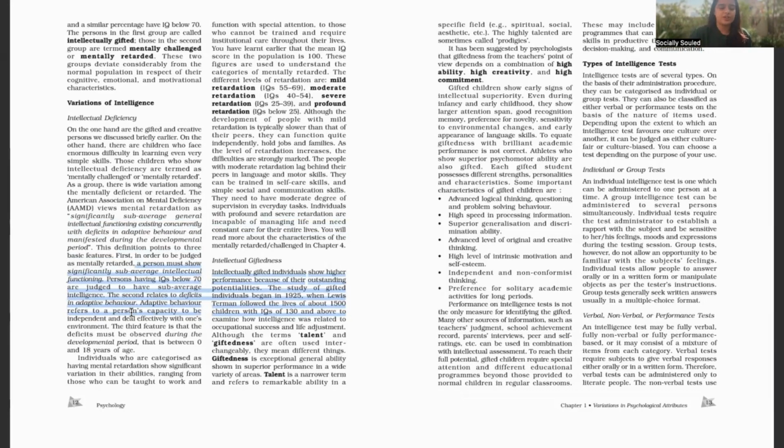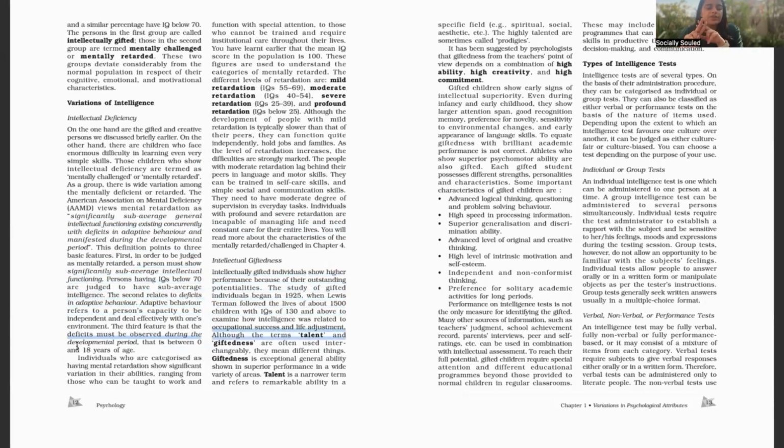The third feature is that the deficits must be observed during the development period, that is between 0 to 18 years old. So the third feature is that the deficits must be observed during the developmental period. So first, it has to be sub-average intelligence, that is below 70.